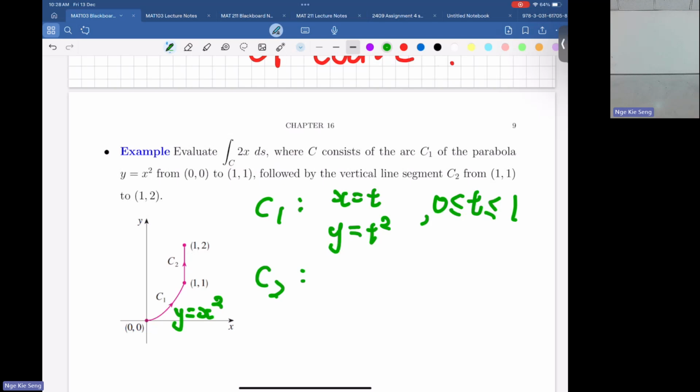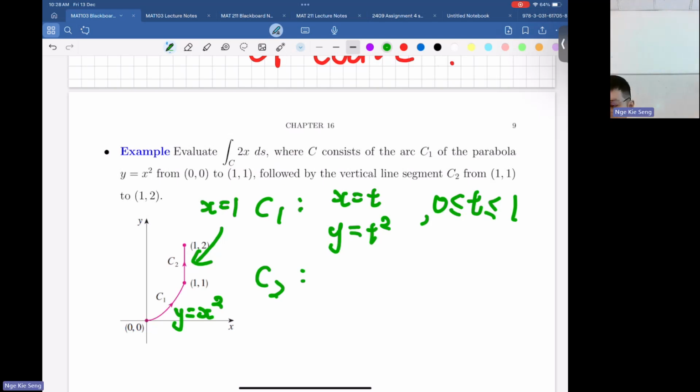How about C2? C2 is a vertical line. How do you find a parametrization for a vertical line? How do you describe this curve? This line is from (1, 1) to (1, 2). So what's the graph? x equals 1. Good.